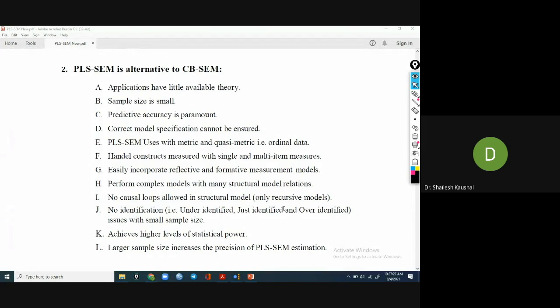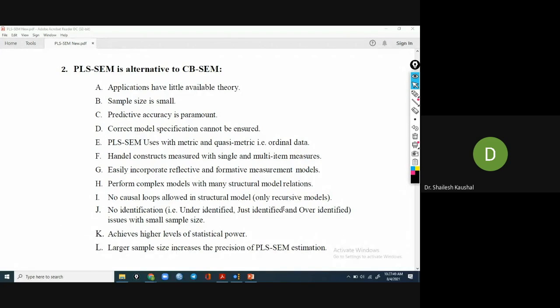Here we are not taking 8 to 10 times. If the sample size is 2 or 3 times the number of variables, then we can perform the PLS SEM.